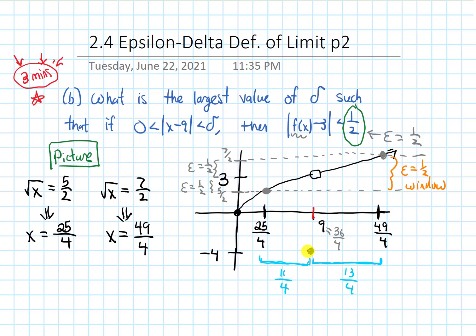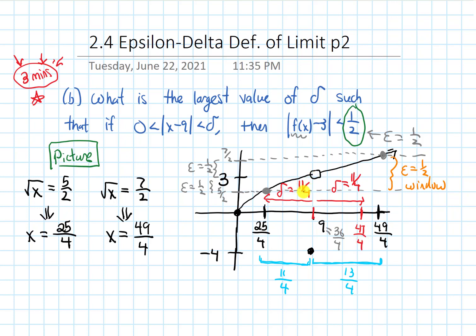So the biggest distance is, it turns out I will sort of run into this left end point of my epsilon window first. And that distance, delta, is 11 over 4. And I can even go 11 over 4 in this direction. And that'll guarantee I stay inside the window. If I go 11 over 4 in this direction, and I add 11 over 4 to 36 over 4, to 9, I'll get 47 over 4.